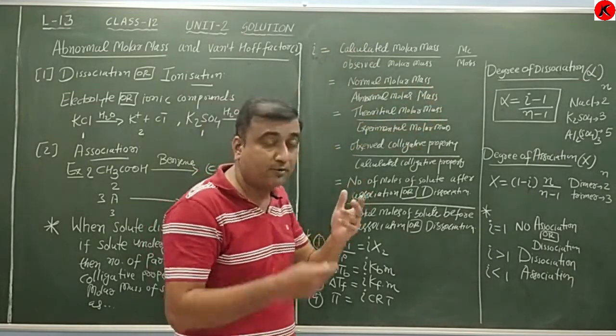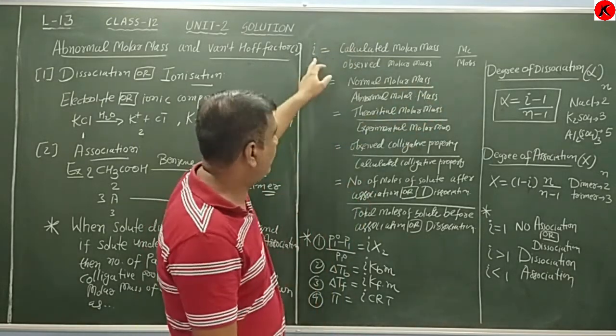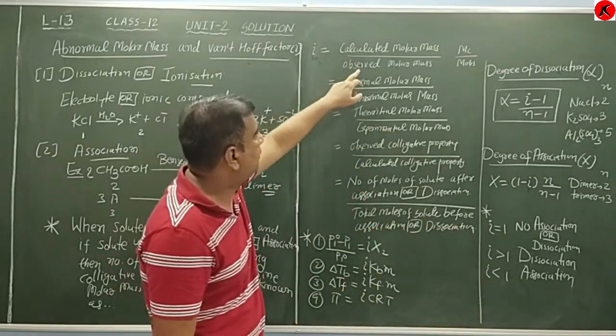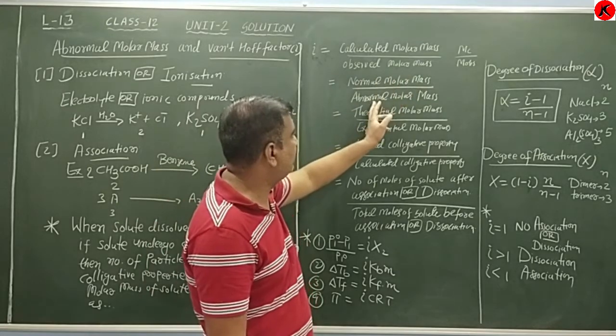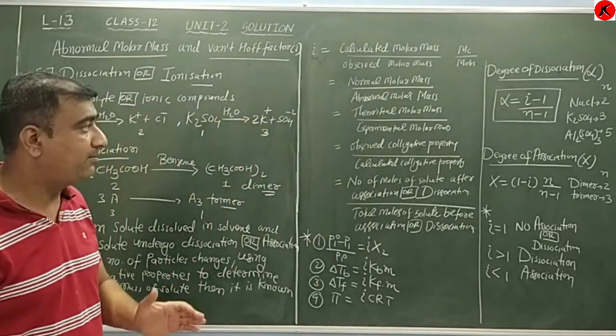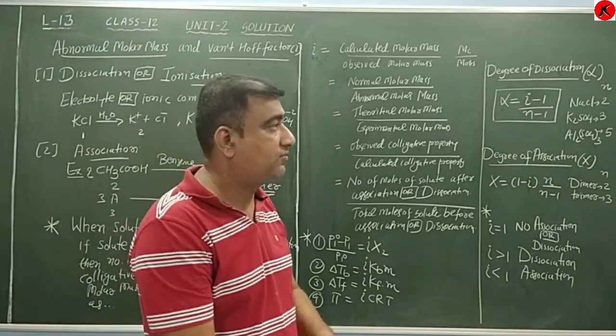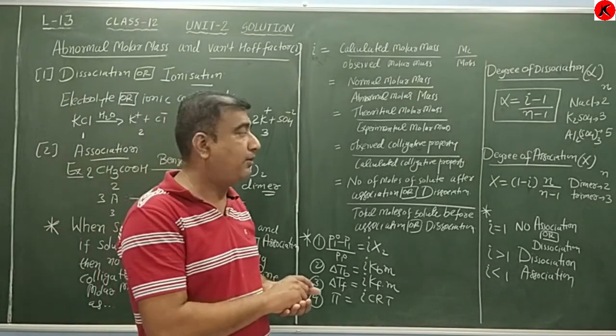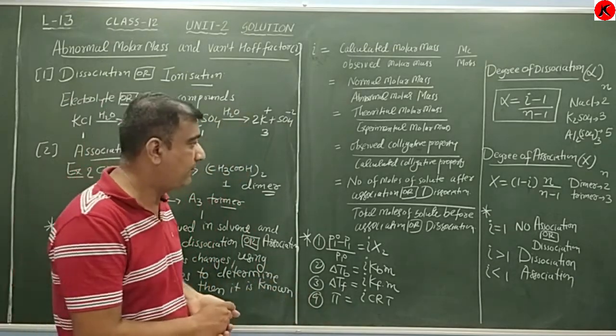And when association occurs, the value of i is less than 1, so obviously the observed molar mass, otherwise called the abnormal molar mass, will always be greater than the actual molar mass, otherwise the normal or calculated molar mass.